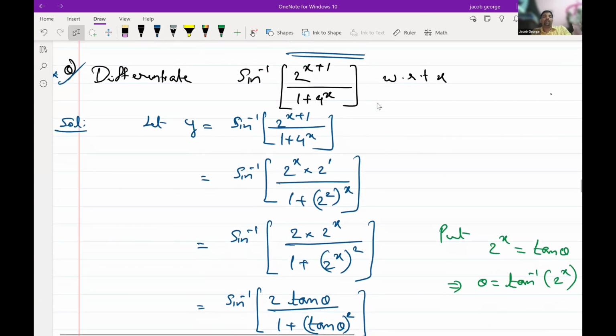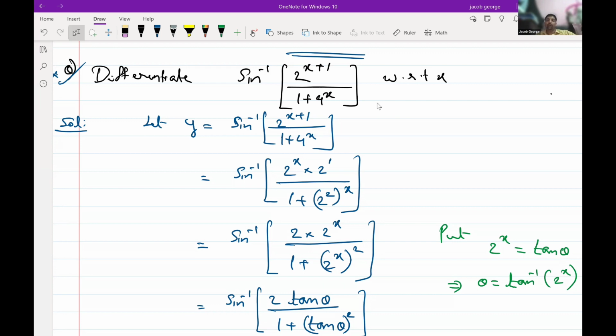Another important trigonometric substitution is this one. It is a question which is solved in the textbook. Here we have to split 2 raised to x plus 1 like this, 2 raised to x into 2 raised to 1. And denominator 4 raised to x is 2 raised to x the whole square. Then we put 2 raised to x as tan theta. Very, very important substitution. Put 2 raised to x equal to tan theta, or theta is tan inverse 2 raised to x.